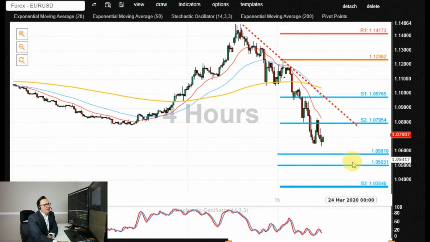Loss of 105.80 could target 105. Some longer term analysts are possibly looking at 103.50.